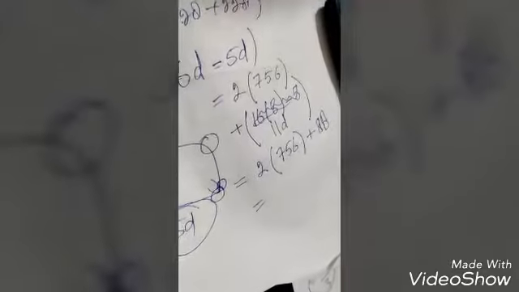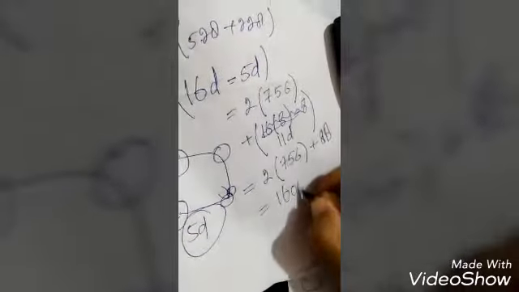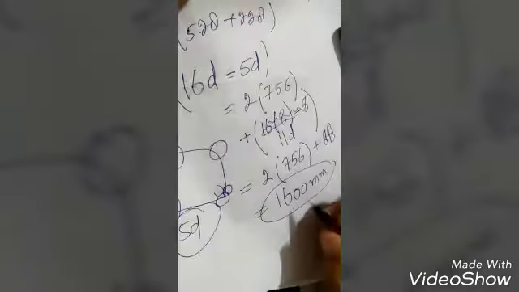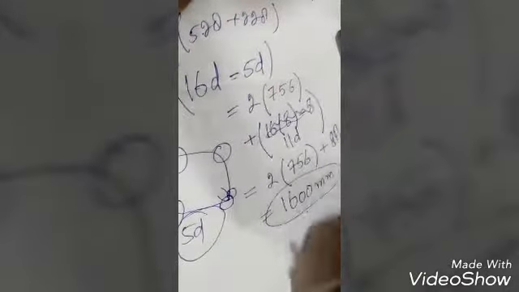So when I add 2 into 756, that is 1512, plus 88, I get 1600 mm as the total length of the stirrup. Okay, you got me? It's a simple thing.